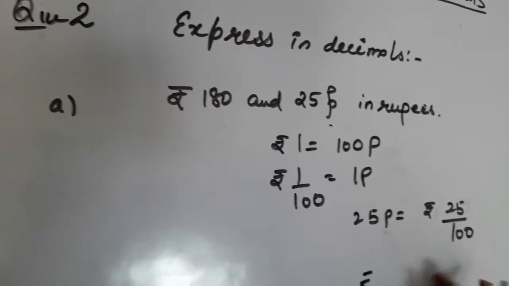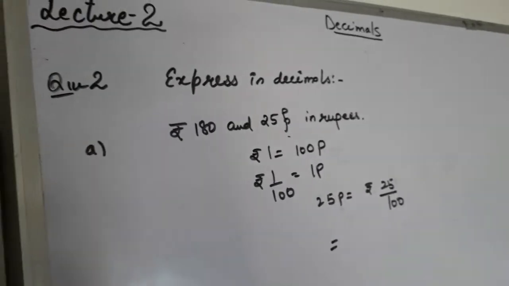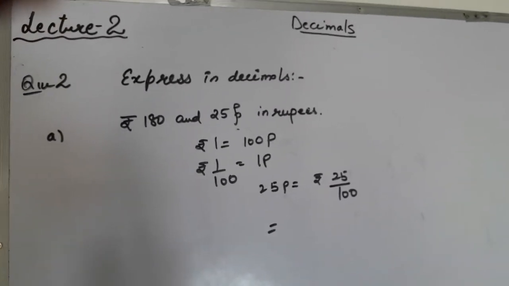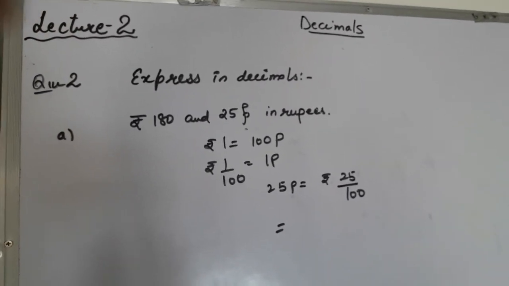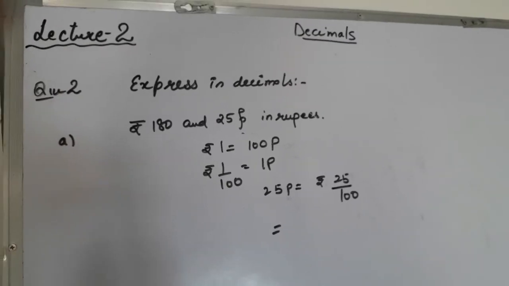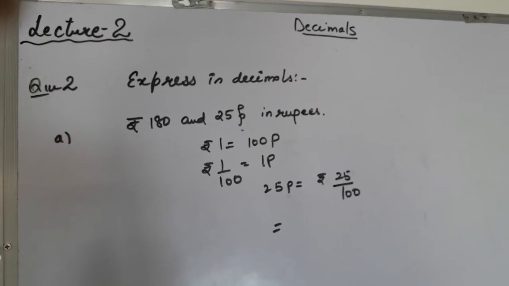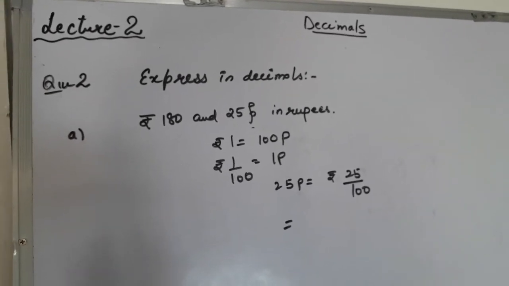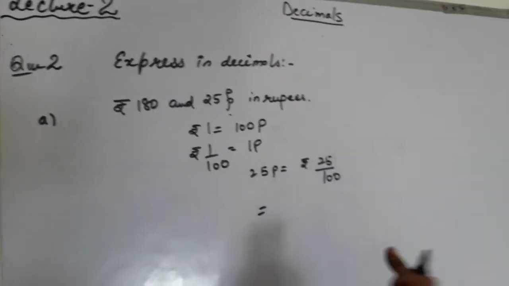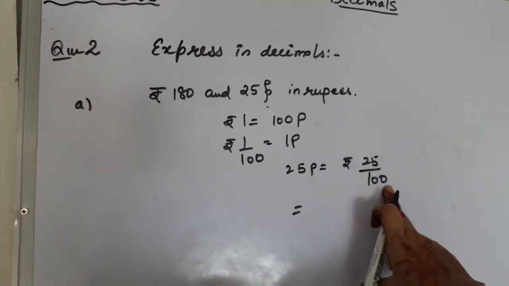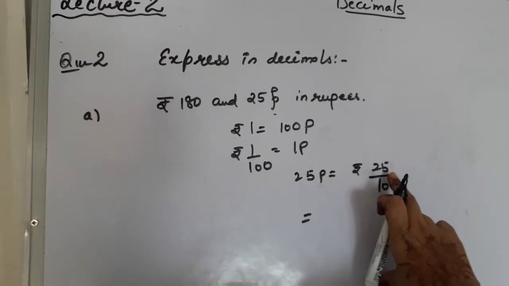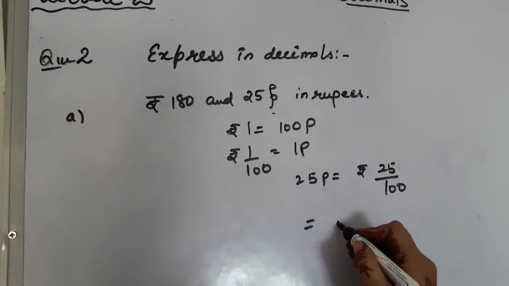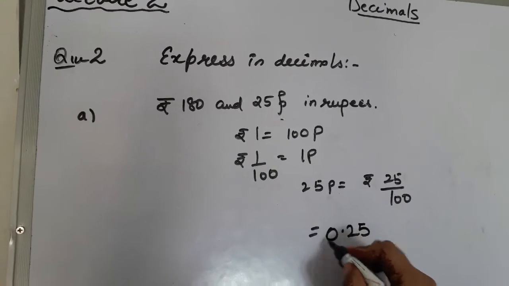As I have already told in my previous videos, if the denominator has 10, 100, 1000 and so on, you can convert them into decimals by putting the point in the numerator according to the number of zeros in the denominator. For example, I have two zeros in the denominator, so I will count the digits from the ones place, 1, 2, and put the decimal in front of the digit.